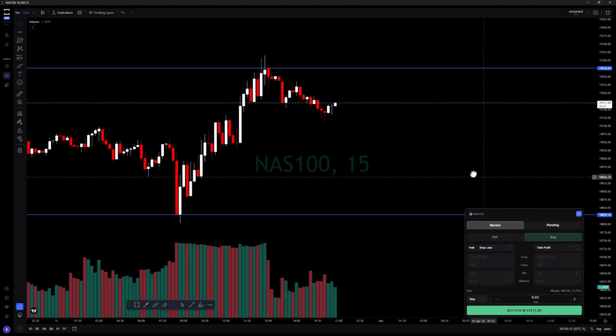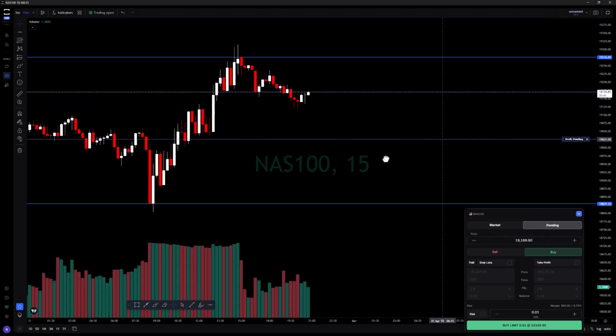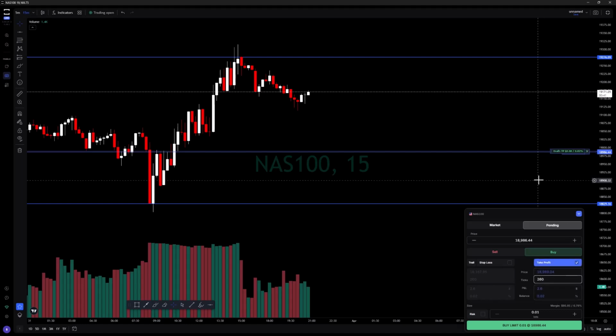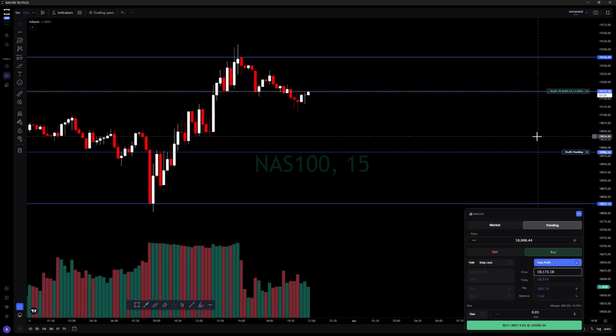Now, if you took 0.01 lot with NAS100, and maybe you have an area of take profit, you could see that you can make good profit, but it's not quite as much with the same size as you would with US30.